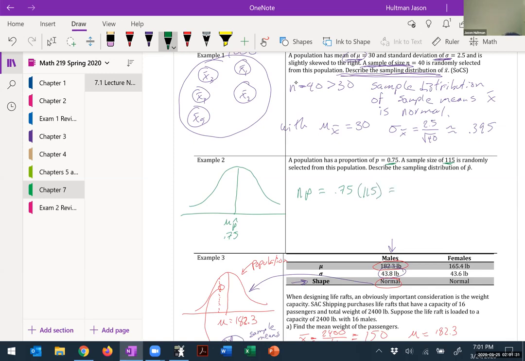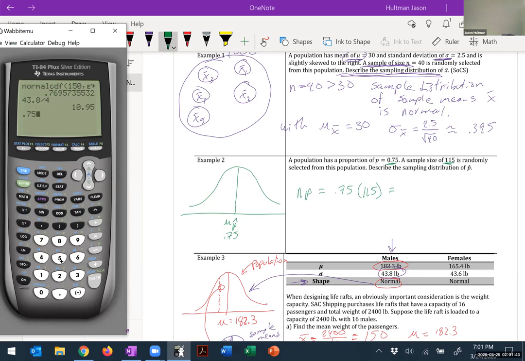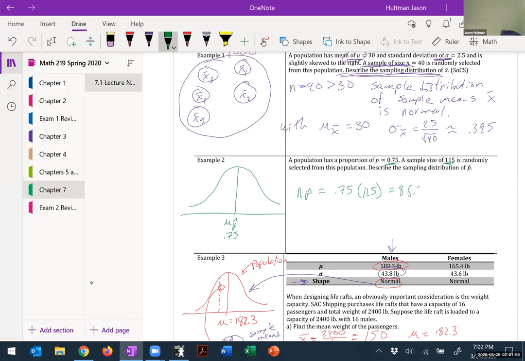It is 86.25, which is bigger than 10, so that checks.